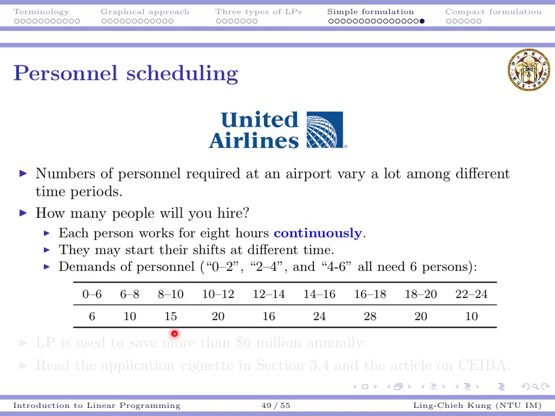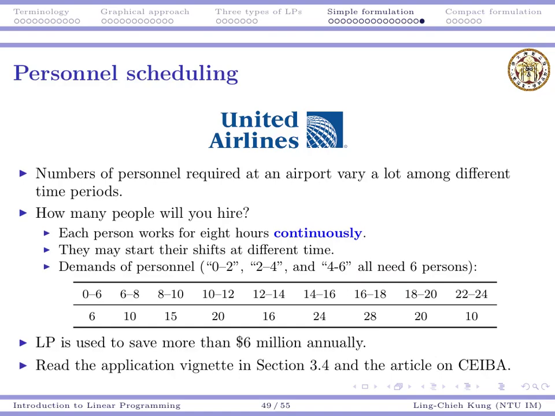If for those peak demand periods I hire too many people, they will also work during other periods, right? And then I am wasting some human resources. So if I want to somehow save some money regarding hiring people, then I need to plan for it carefully.